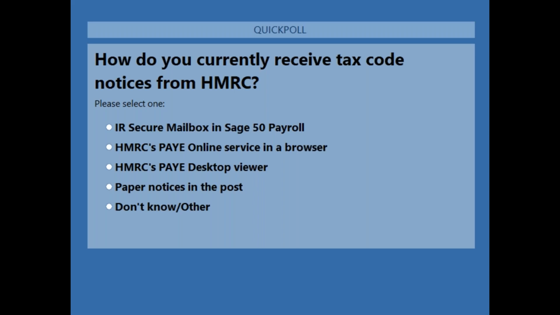Have you downloaded HMRC's PAYE desktop viewer to view the notifications? Do you get paper notices in the post? Or if you're not sure, you can always respond don't know/other. And I will share the overall percentages of the votes so you can get to know a bit more about the audience here today.